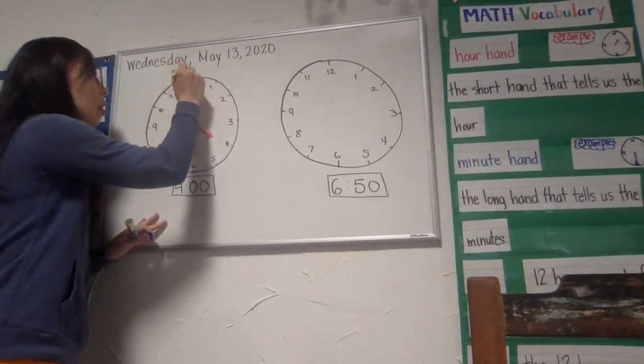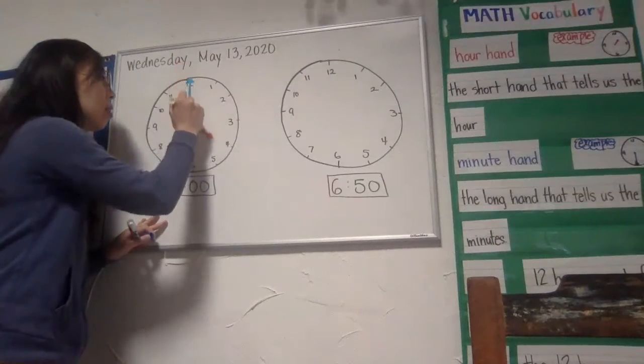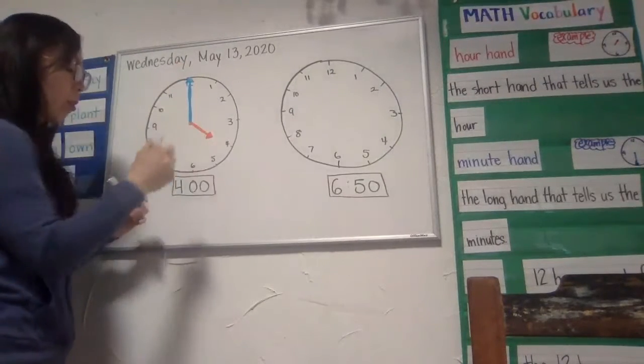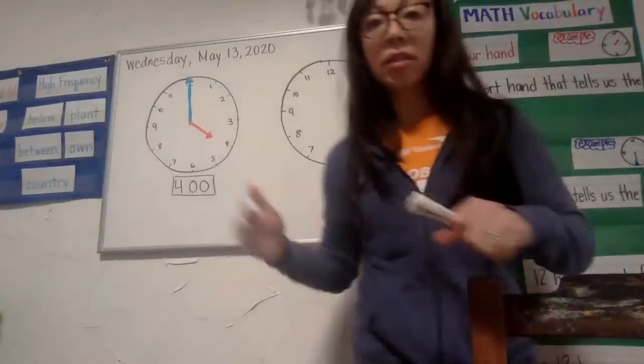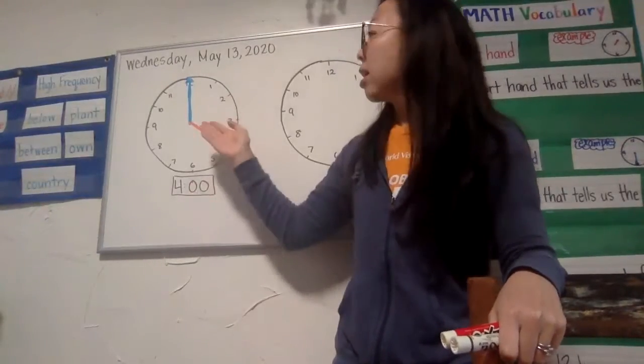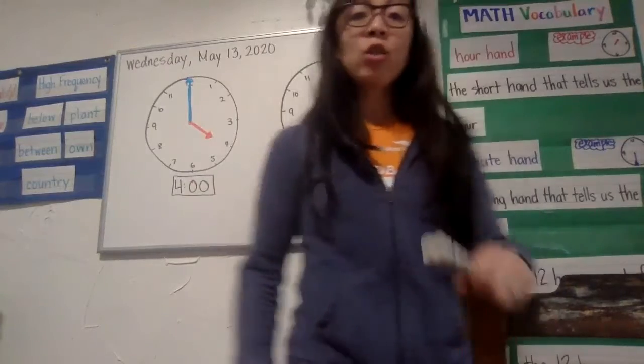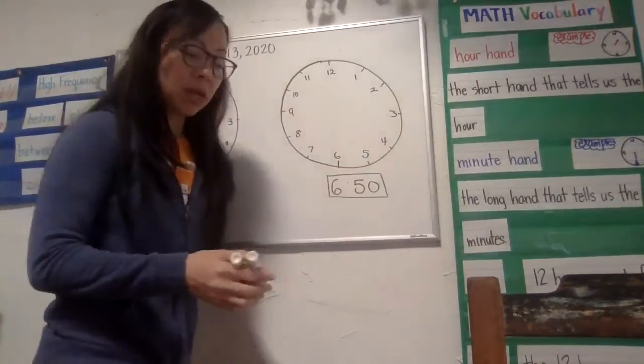So when you're looking for a clock that tells you it's a brand new hour, 4 o'clock, remember the hour hand will point just to the number of the new hour, and the minute hand will point right to the 12. But let's try something that's showing us another time.